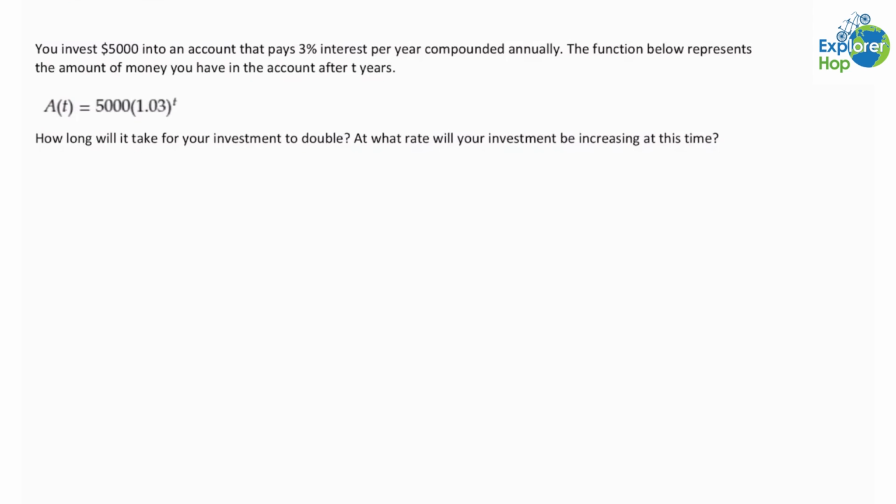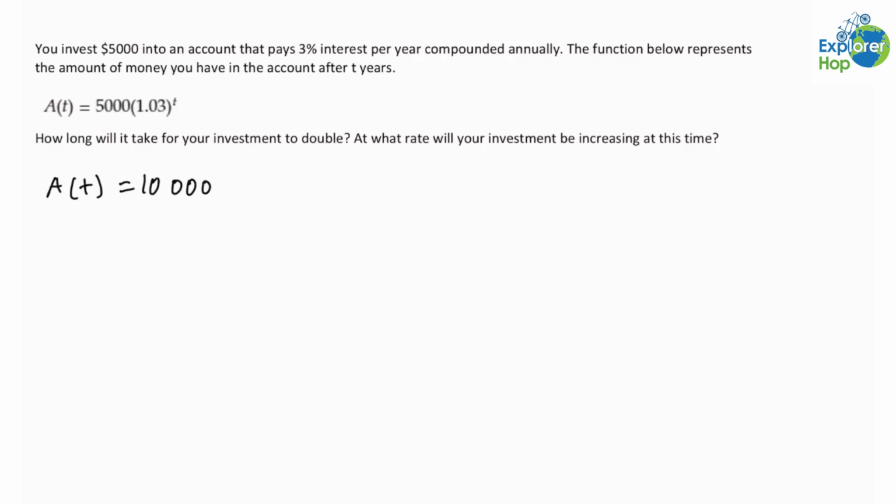In order to determine how long it will take for your investment to double, we need to determine the value of t such that A(t) equals 10,000, since 10,000 is equal to 2 times 5,000.